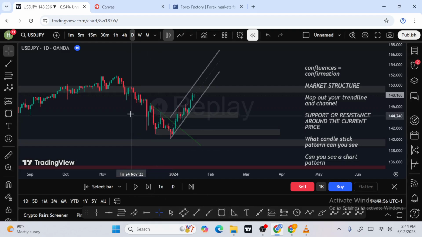Let me take this. Are you seeing it now? Now, look at this guy, did he break out? The body closed above the body of this one, but did he close above this liquidity?